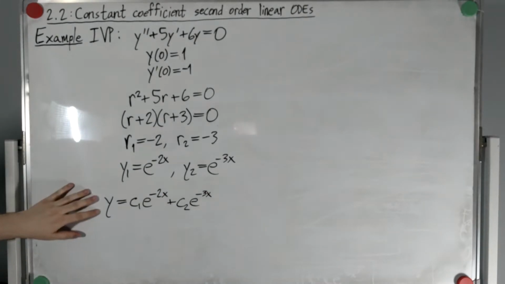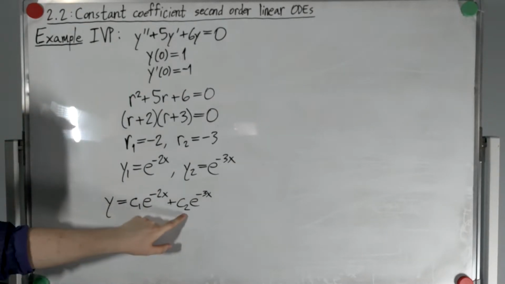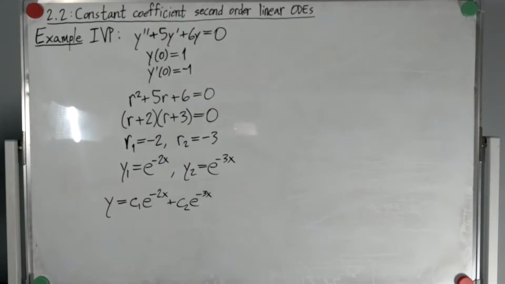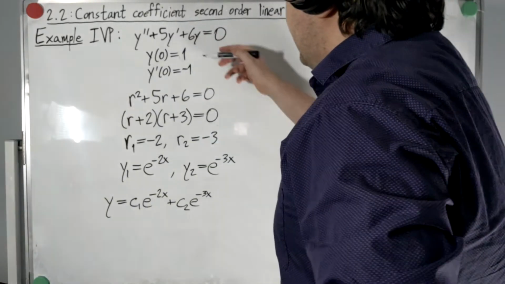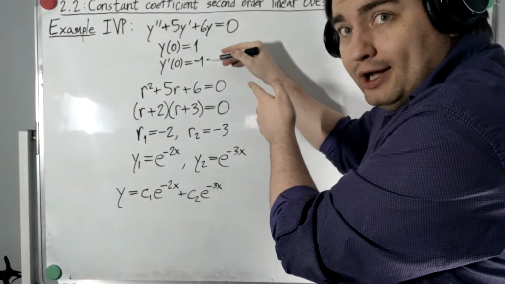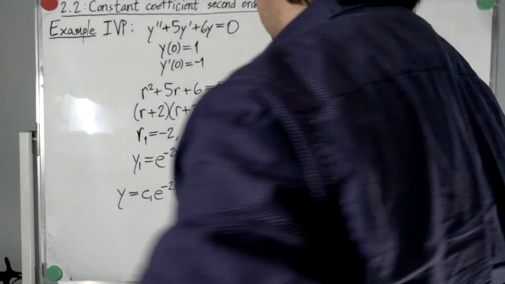Now let's talk about how to use the initial conditions to find the values of C1 and C2, to find a particular solution that solves our initial value problem. Well, let's see. First of all, this is a condition on the derivative of y. So we're going to need the derivative of our general solution.